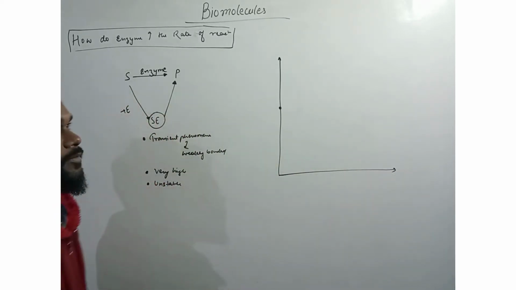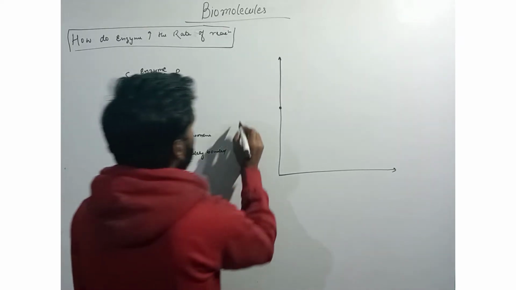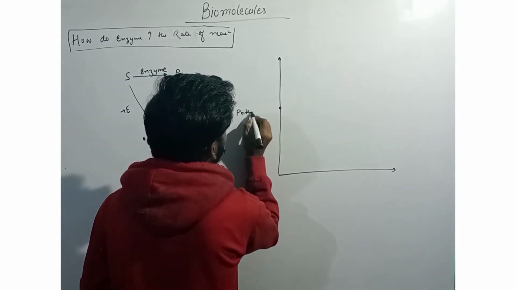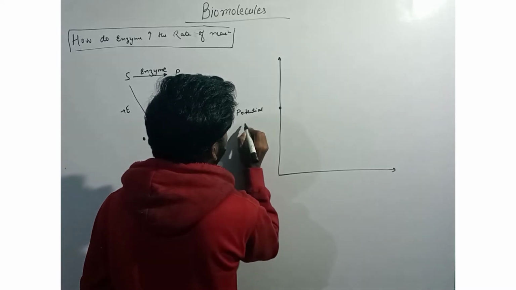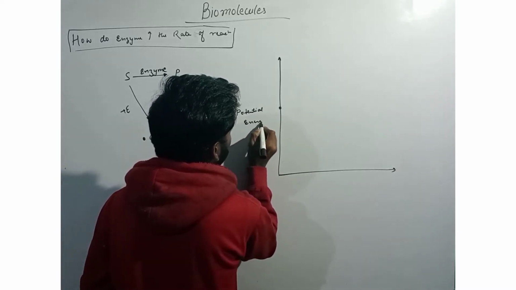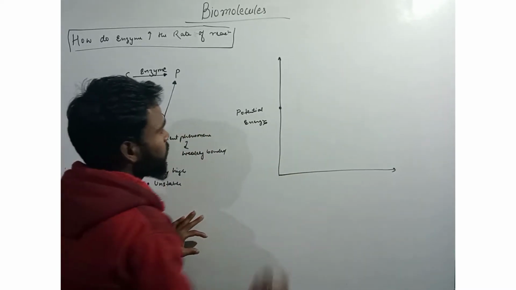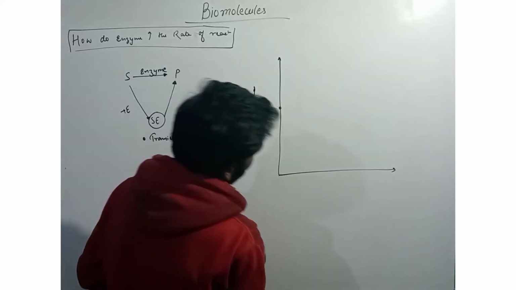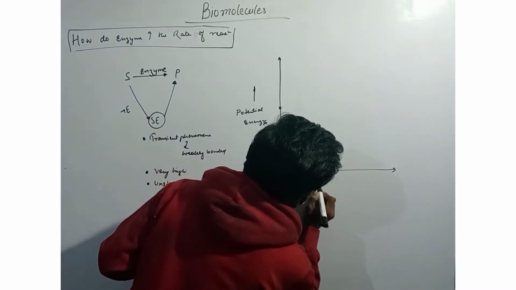First of all, the y-axis represents the potential energy, and the x-axis represents the progress of reaction.